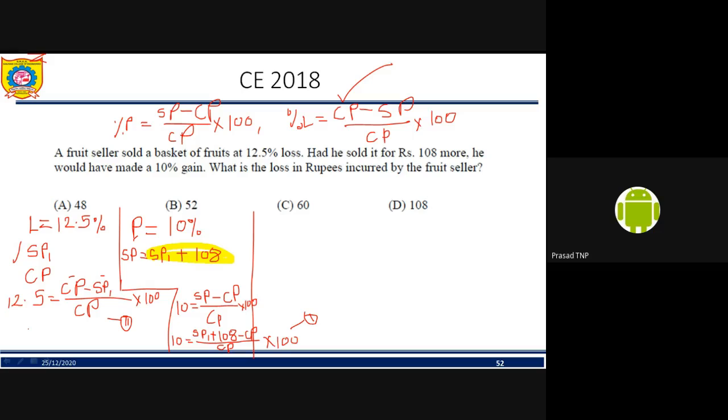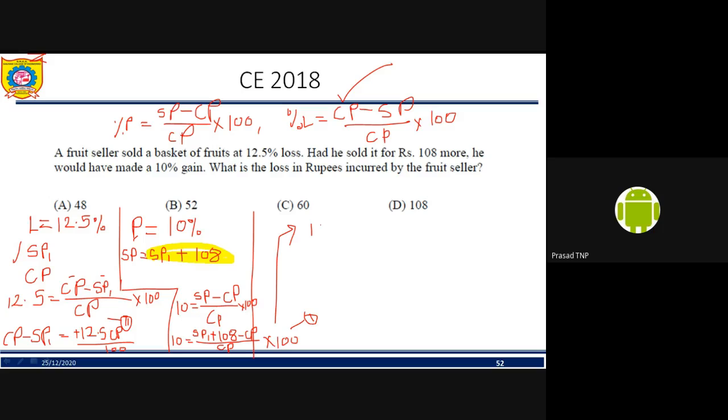It is cost price minus selling price 1 equal to 12.5 cost price divided by 100. This is 12.5 into cost price by 100. So this value we will put into equation 1.